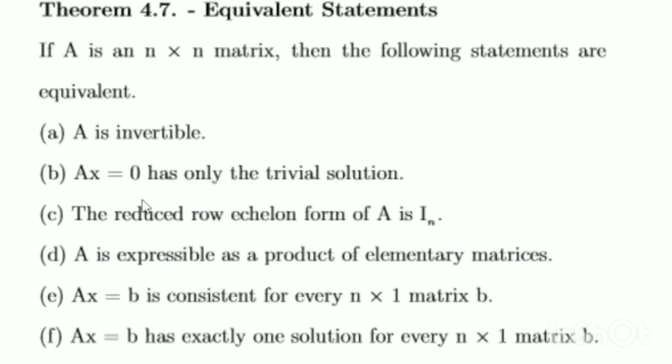The reduced row echelon form of A is In, and A is expressible as a product of elementary matrices. Then Ax equal to B is consistent for every n by 1 matrix B, and since A is invertible, its determinant is not equal to 0.